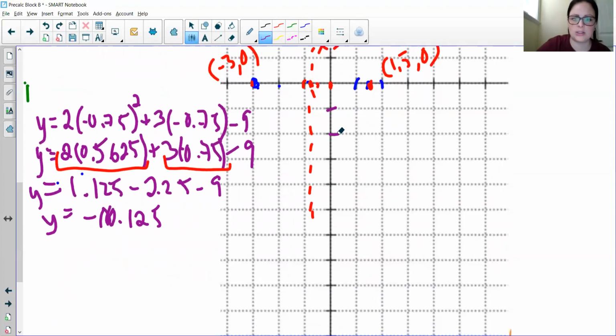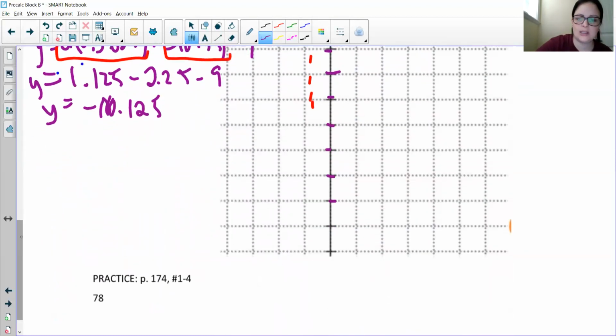So 1, 2, 3, 4, 5, 6, 7, 8, 9, 10. Here's 11. You should not be drawing your vertex below this other dash. It should be really close to the one that represents the negative 10.